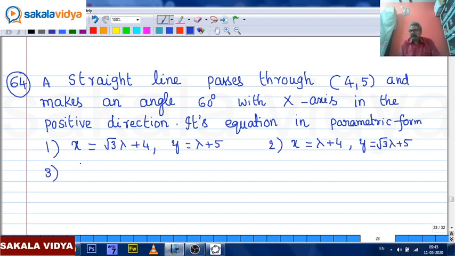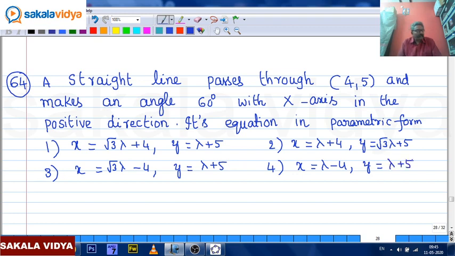Third option: x equals root 3 lambda minus 4, y equals lambda plus 5. Fourth option: x is equal to lambda minus 4, y equals lambda plus 5. So this is the question.